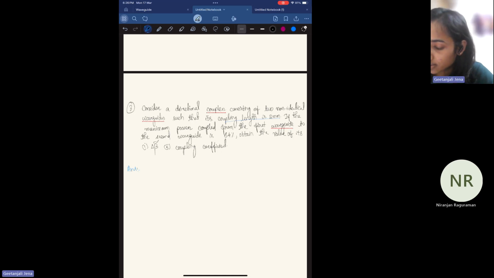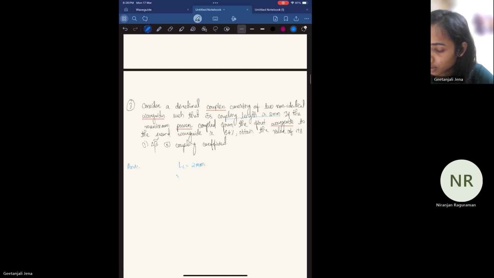You can take it as delta beta tilde instead of delta beta. So LC is given, then we can calculate for the non-identical waveguide the value of gamma, because gamma is pi by 2 LC.